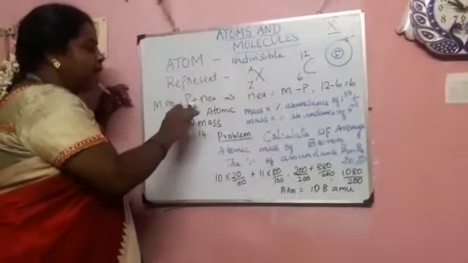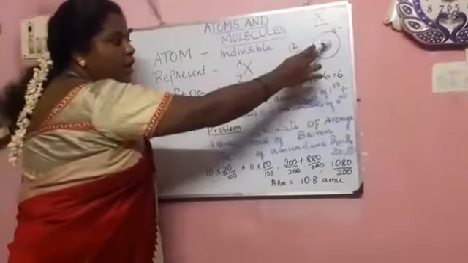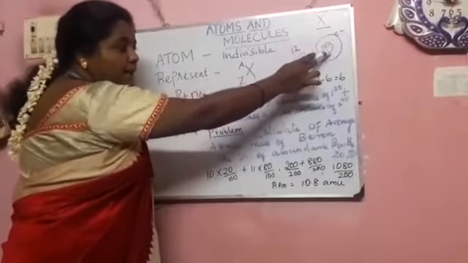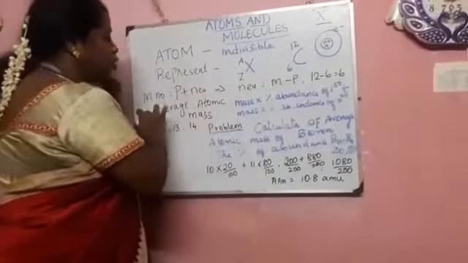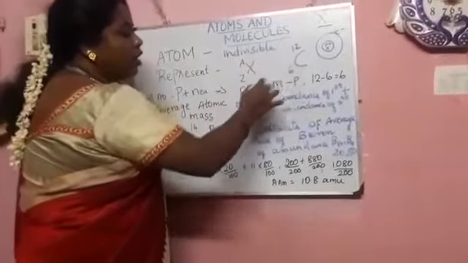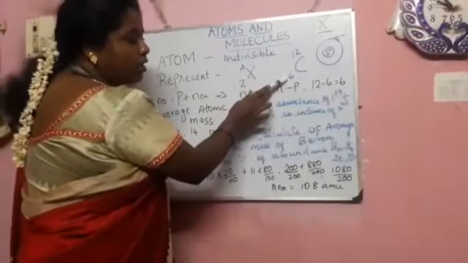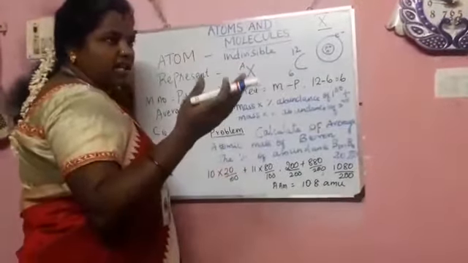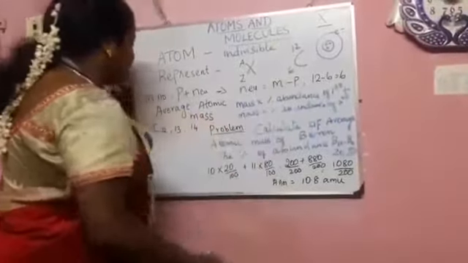The mass number is the sum of protons and neutrons. To find the neutrons, it is the mass number minus the protons. For carbon, the mass number is 12 and the protons, which is nothing but the atomic number, is 6. So 12 minus 6 equals 6.